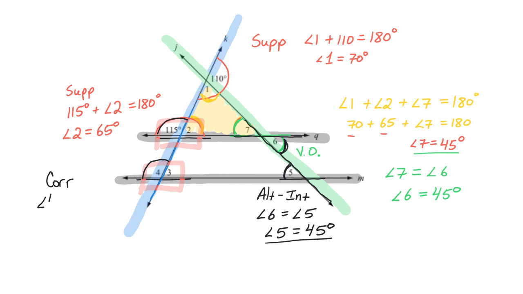So that means that angle 4 must be 115 degrees, and angle 3 must be the same as angle 2. Well, we said that angle 2 was 65 degrees. So using all of these different relationships and going one angle at a time, we have found all of the missing pieces.